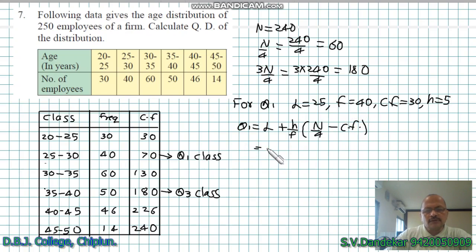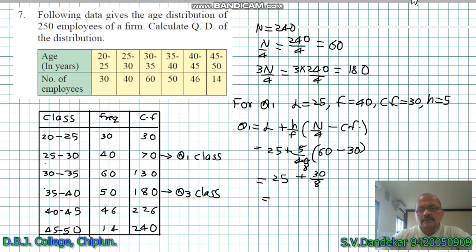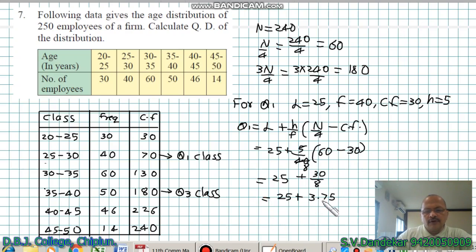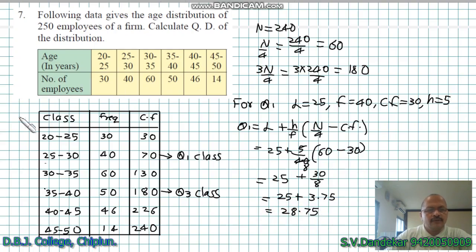Lower limit is 25, H class width 5, F 40, N by 4 is 60, cumulative frequency 30. So this is 25 plus 5 by 40 times (60 minus 30), that is 25 plus 3.75, it is 28.75.